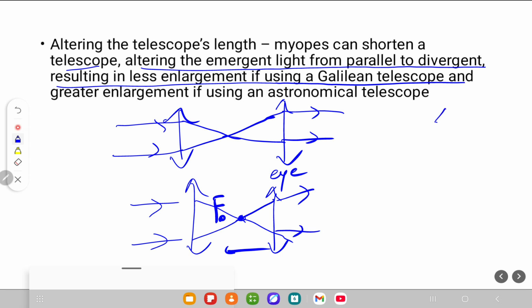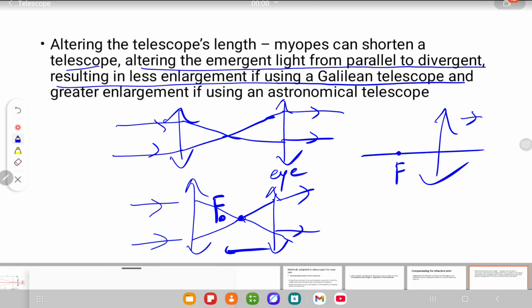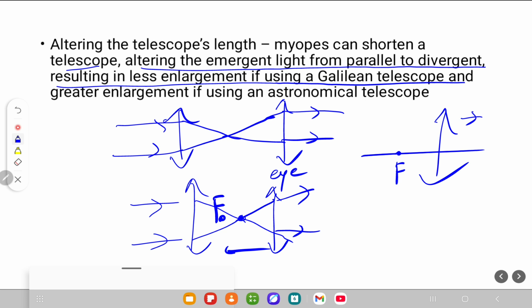That's what we learn: if the object falls at the focal point, light exits parallel. If the object is between F and the optical center, light always comes divergent. So when we shorten the telescope, the object is inside the focal point of this eyepiece. That's why light diverges, and when divergent light comes, it will definitely correct myopia.